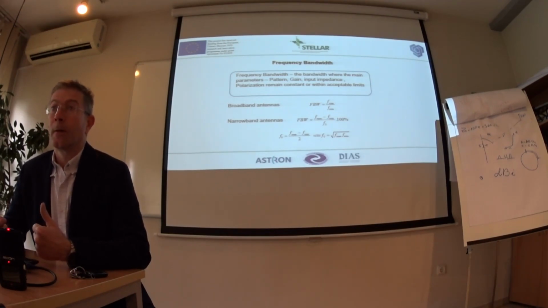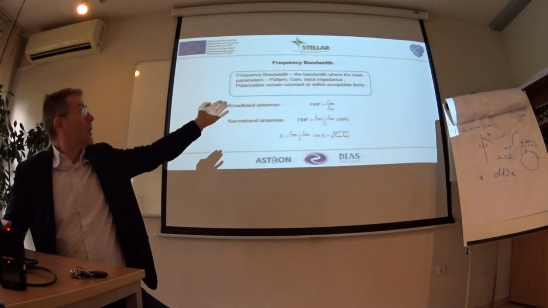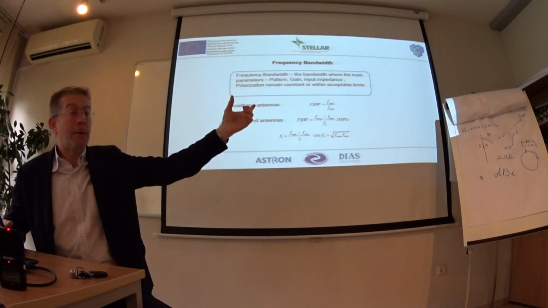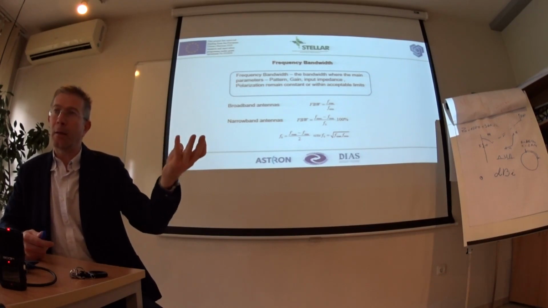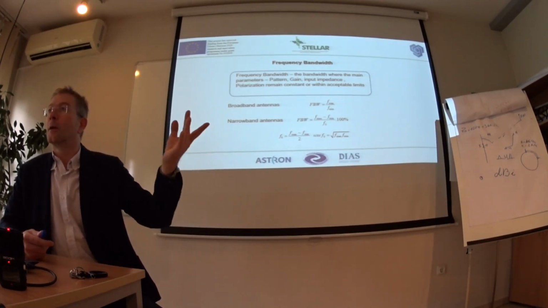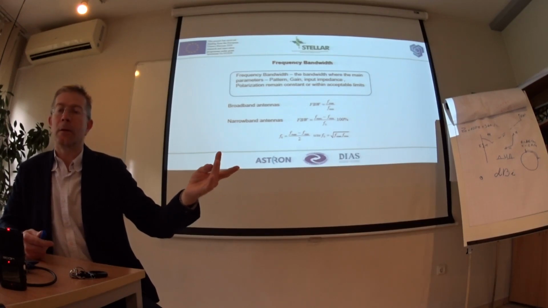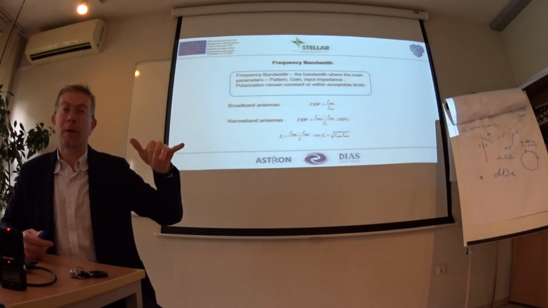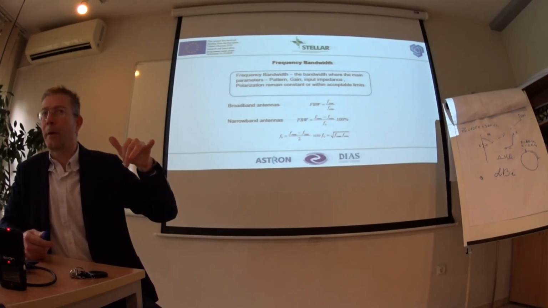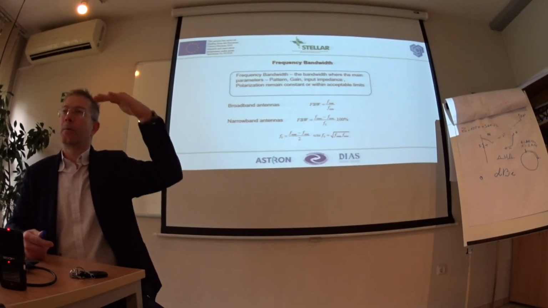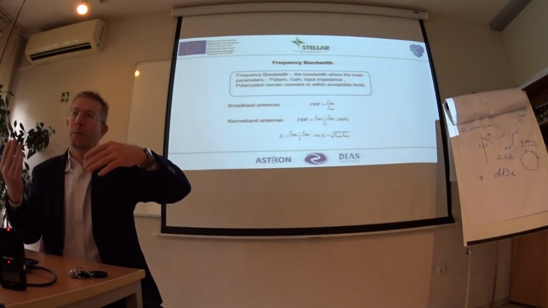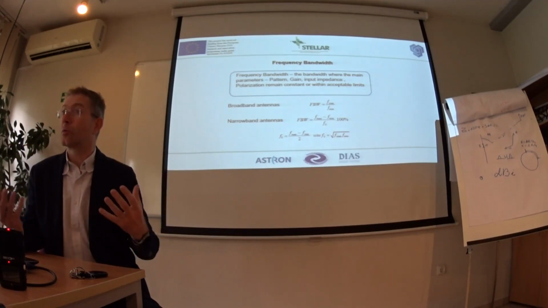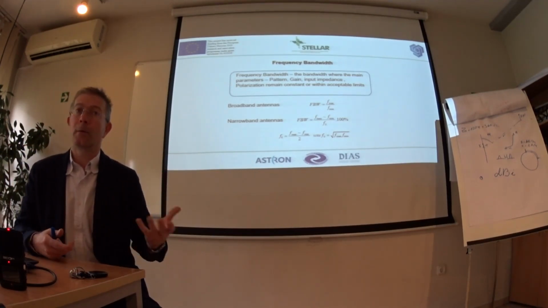In antennas, the bandwidth is the frequency band where most of the parameters like gain, pattern direction, polarization, return loss stay the same or within acceptable limits. In amplifiers and filters, it's easy. You just say, where we see a drop of 3 dB, this is the end of the bandpass of the filter. Here, there are more things to take into consideration.